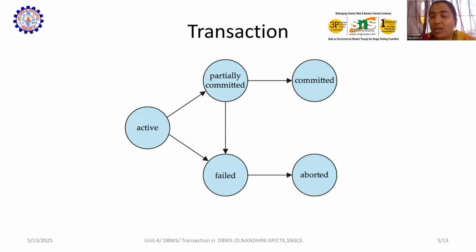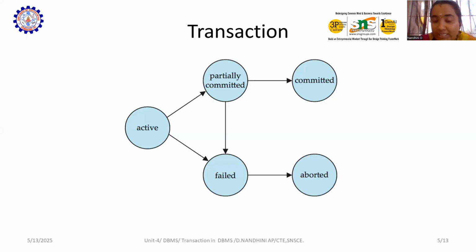That means it is a state where a transaction has completed its final operations, but the changes have not yet been permanently saved to the database. You have done some changes, and the changes have been updated, but not yet committed. That is the definition of partially committed.